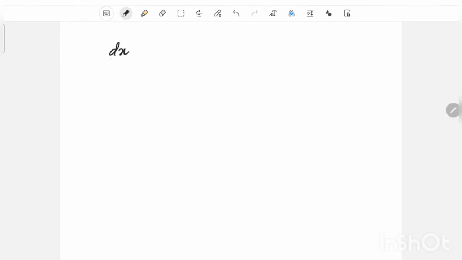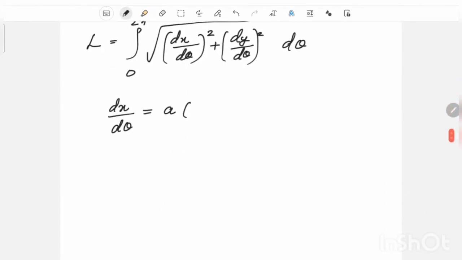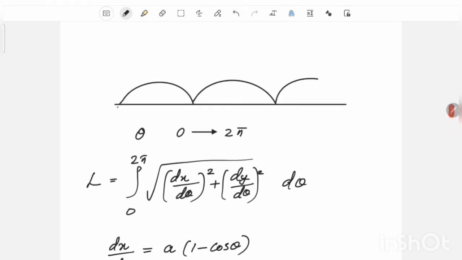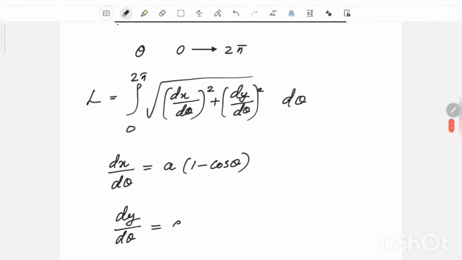Dx by d theta is equal to a into (1 minus cos theta), since x is equal to a (theta minus sin theta), and dy by d theta is equal to a sin theta.